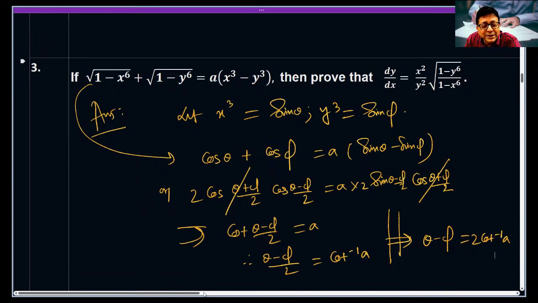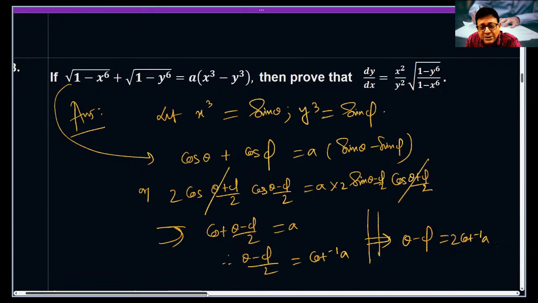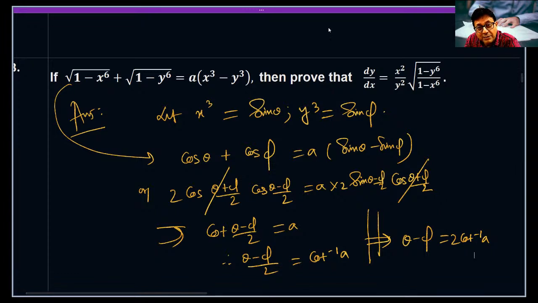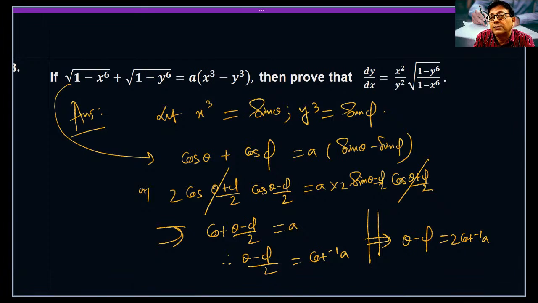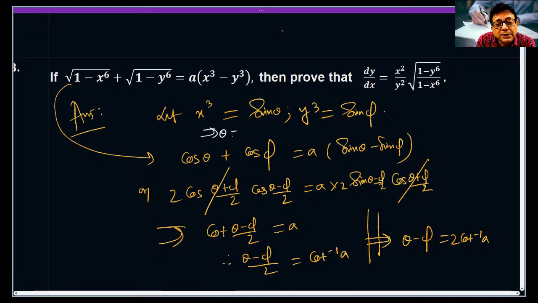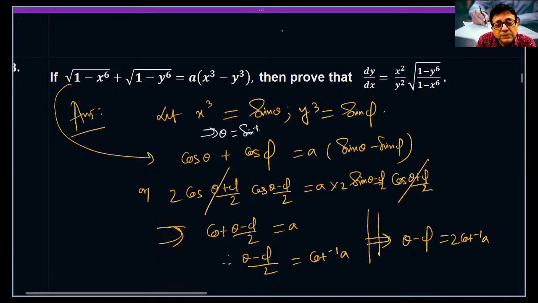But we are supposed to find the derivative. This theta minus phi relation, how does it help? Of course it helps. How? Just put theta equal to what? Theta equals, from here, sin inverse x cube. Phi equals what?